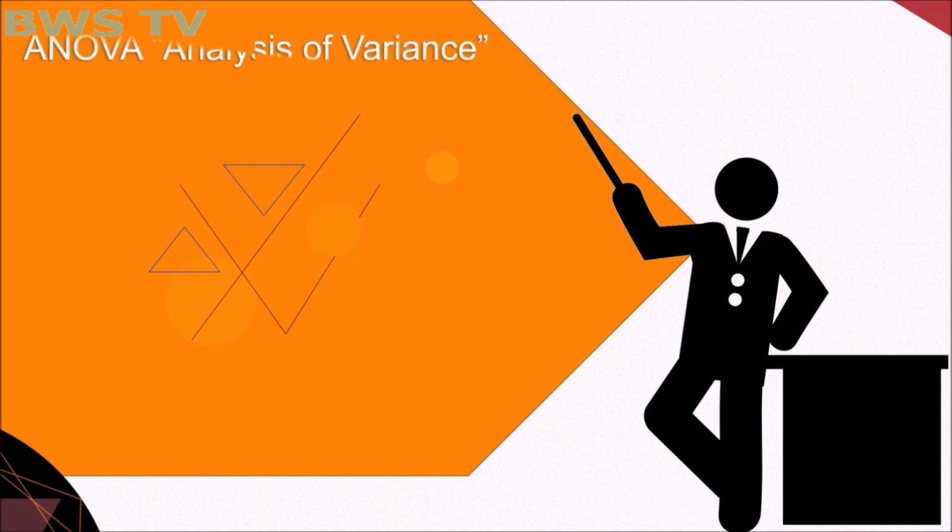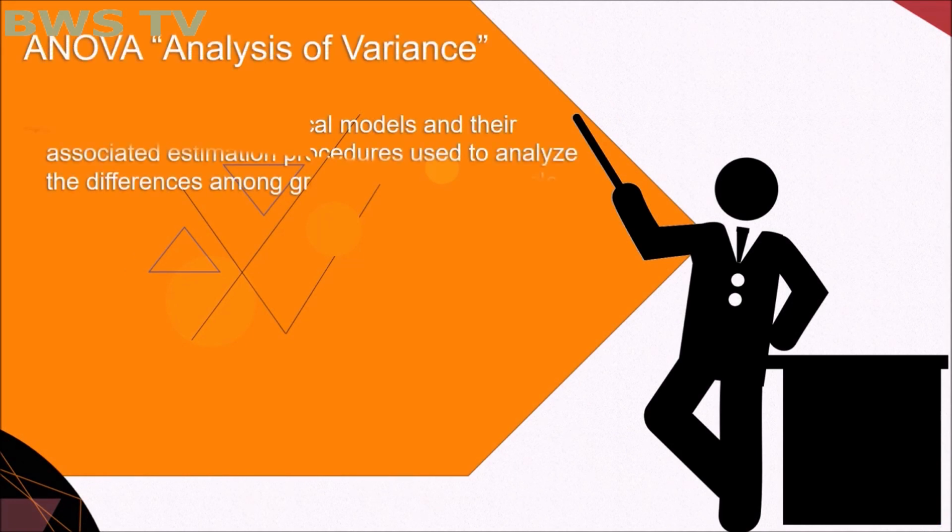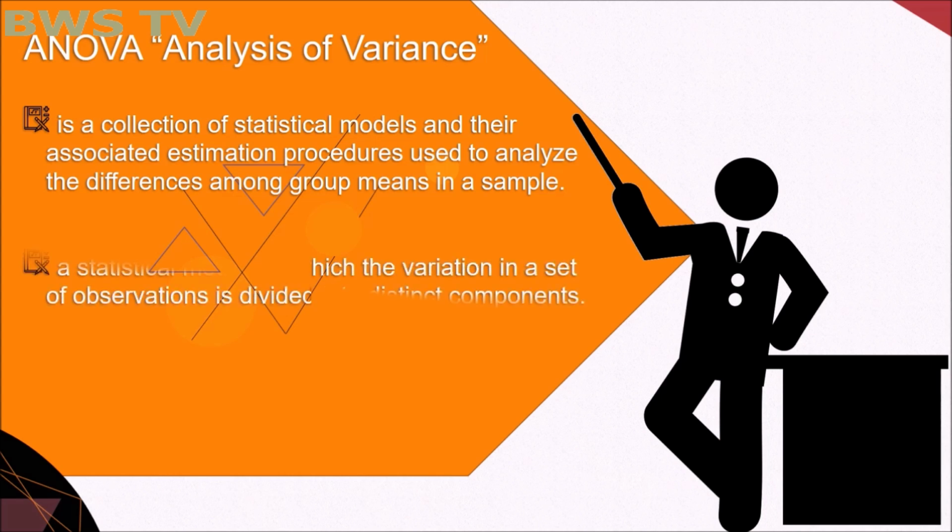ANOVA, standing for the Analysis of Variance, is a collection of statistical models and their associated estimation procedures used to analyze differences among group means in a sample. It is a statistical method in which the variation in a set of observations is divided into distinct components.